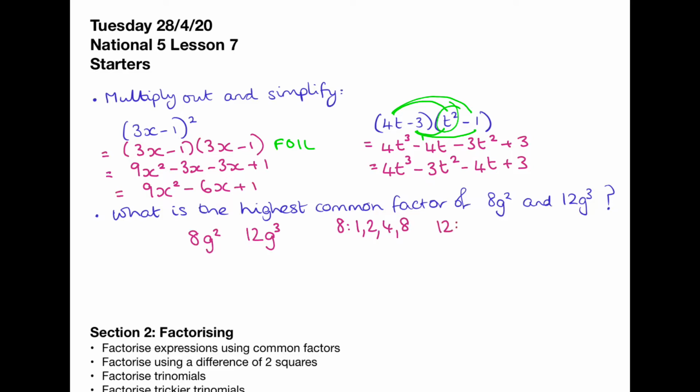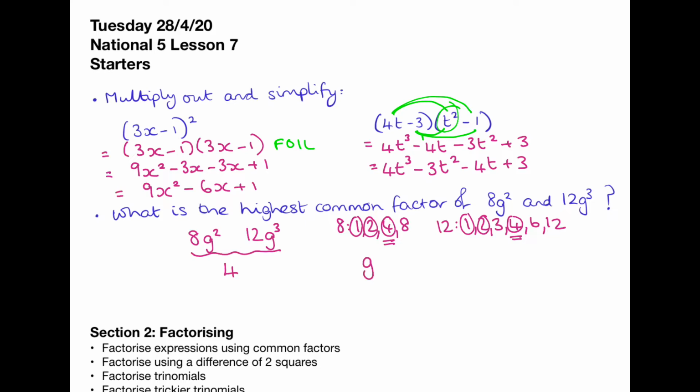The factors of 12 are 1, 2, 3, 4, 6 and 12. Okay, so the common factors are 1, 2 and 4. So the highest common factor is 4. So the highest common factor of these two terms, the number part of it is 4.